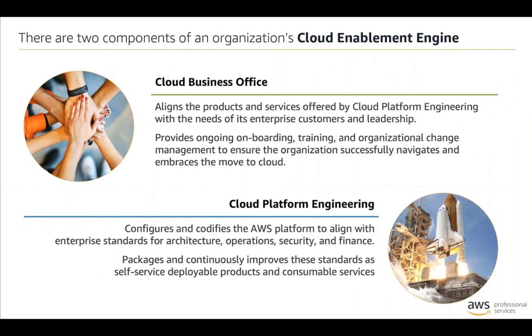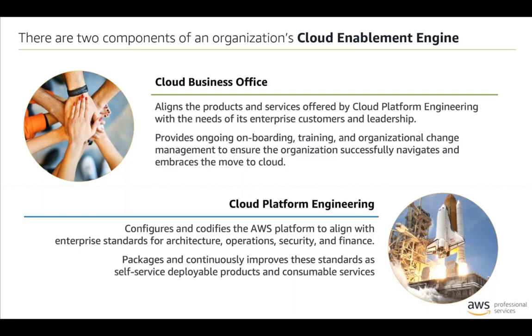There are 2 components of an organization's Cloud Enablement Engine. We'll start at the bottom and work our way up. The Cloud Platform Engineering team configures and codifies the AWS platform to align with enterprise standards for architecture, operations, security, and finance. They also package and continuously improve these standards as self-service deployable products and consumable shared services.